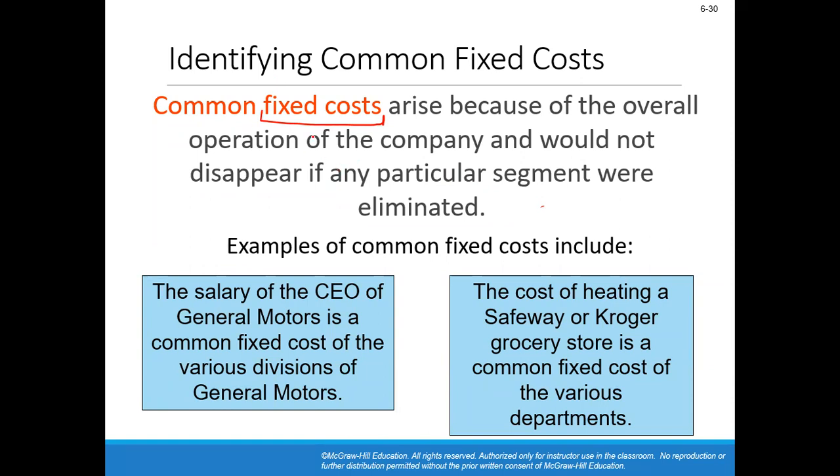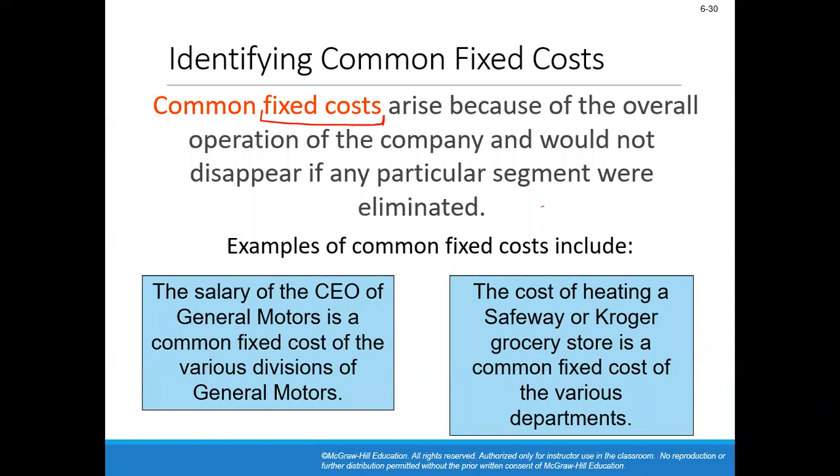They cannot avoid paying it, whether they continue manufacturing the Boeing 747 or not. So the CEO's salary is not a traceable cost to a particular aircraft segment. We term this kind of cost, the salary payable to the CEO of Boeing, a common fixed cost.